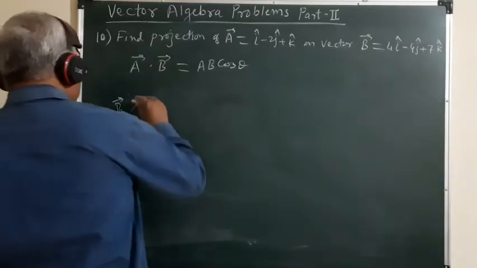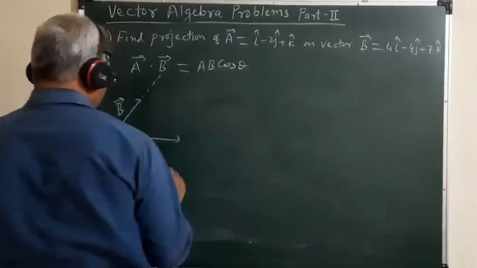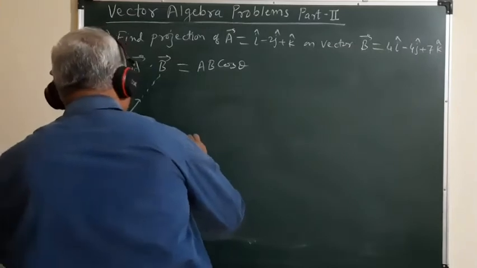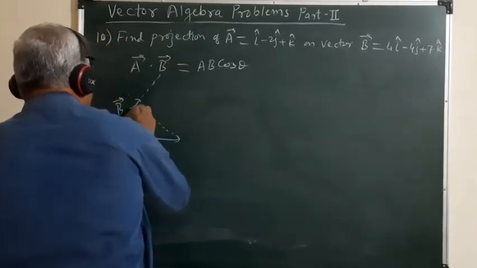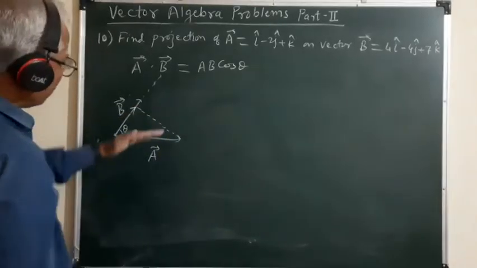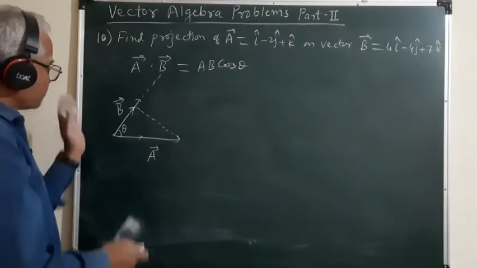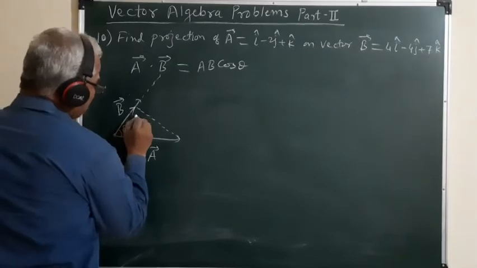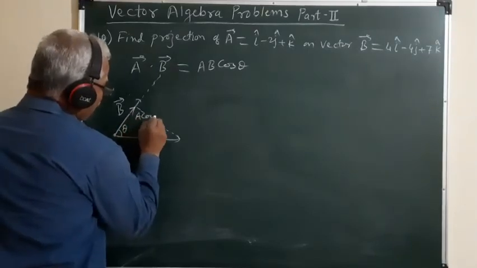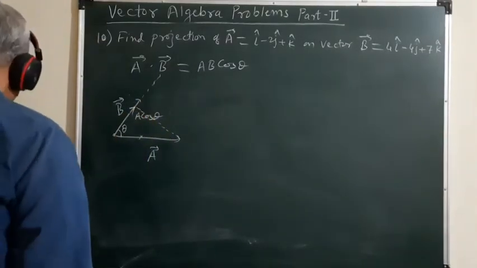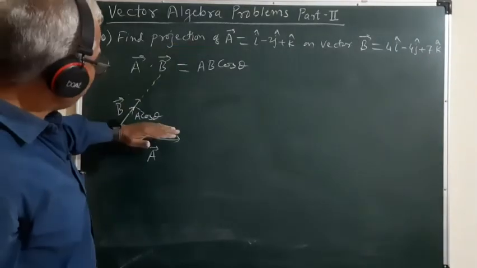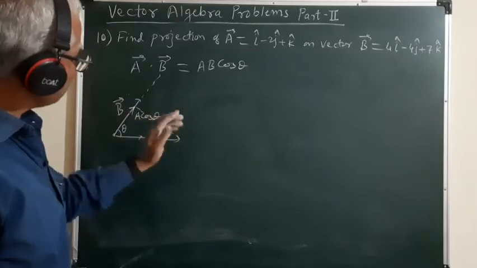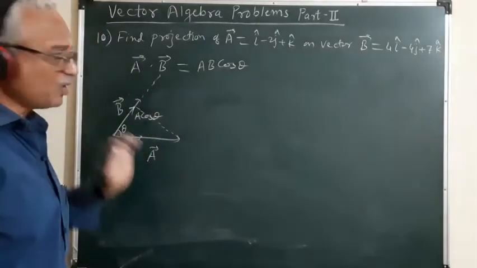If we draw the perpendicular from the end point of A bar in the direction of B bar, then this is the component of A bar in the direction of B bar, and this component will be A cos theta. Here you are asked to find the component of A bar in the direction of B bar, and not the component of B bar in the direction of A bar.